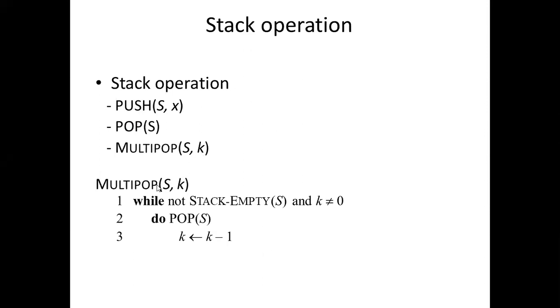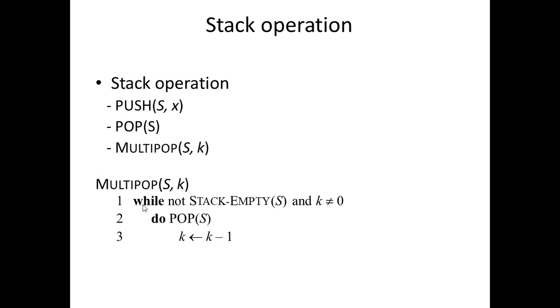So the pseudo code for multi-pop of s comma k, where s is the stack and k is the number of elements. Now when you want to remove k elements from the stack, that is a multi-pop operation on stack s.